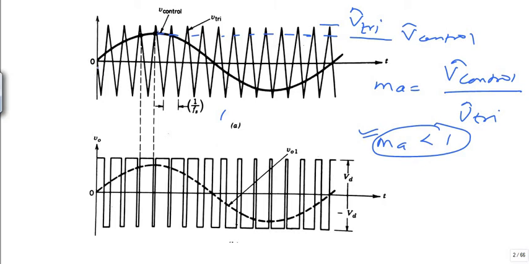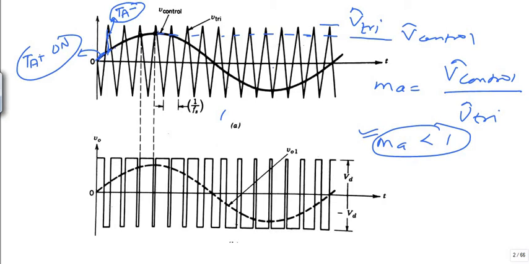I have made a scheme for that. If the voltage of this control signal is more than this triangular wave, then the corresponding TA plus will be on. And if the carrier wave voltage is more than this control voltage, under this condition I have made TA minus on.